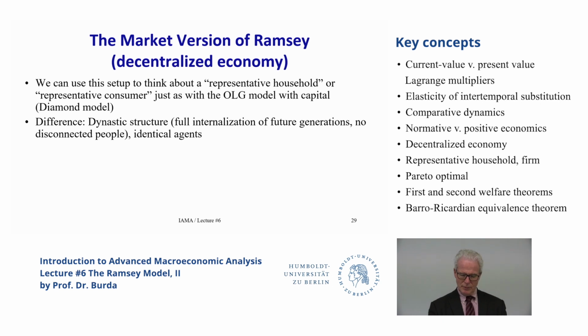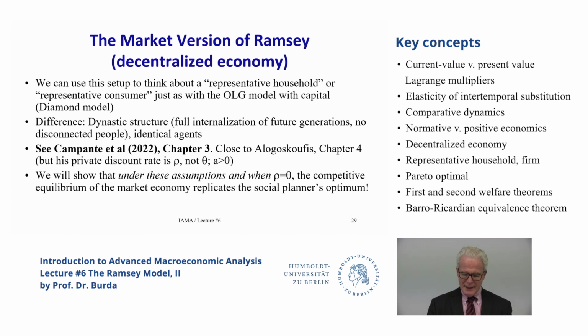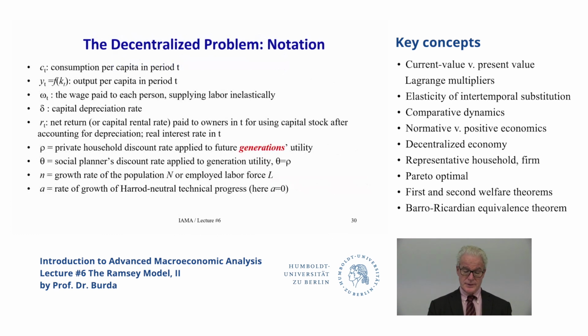Okay, so we have this purely altruistic behavior, and we'll see how far this can get us. This is also in the book that you have been using in this class. Under these conditions, and if the social planner's impatience equals the impatience of the household head, the competitive equilibrium actually can exactly replicate the social planner's optimum.